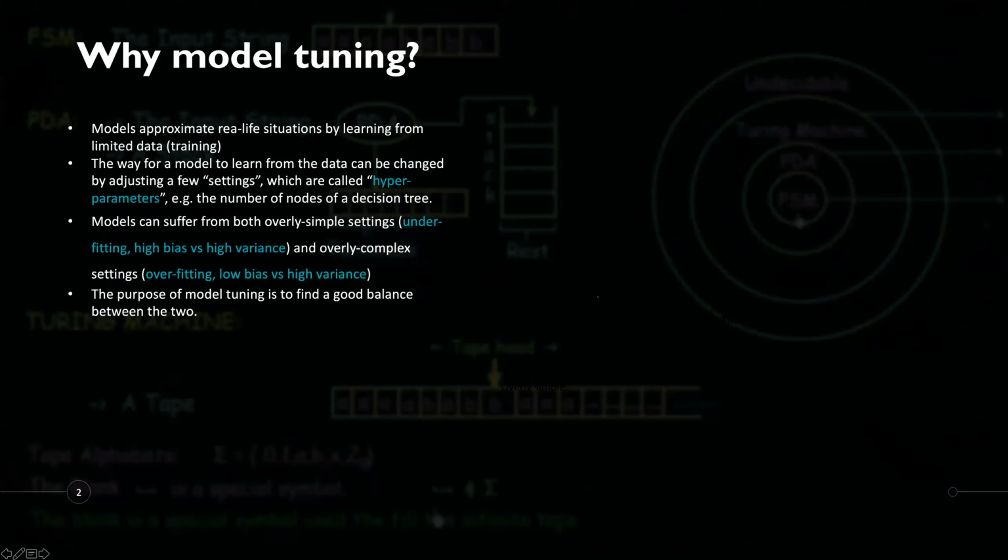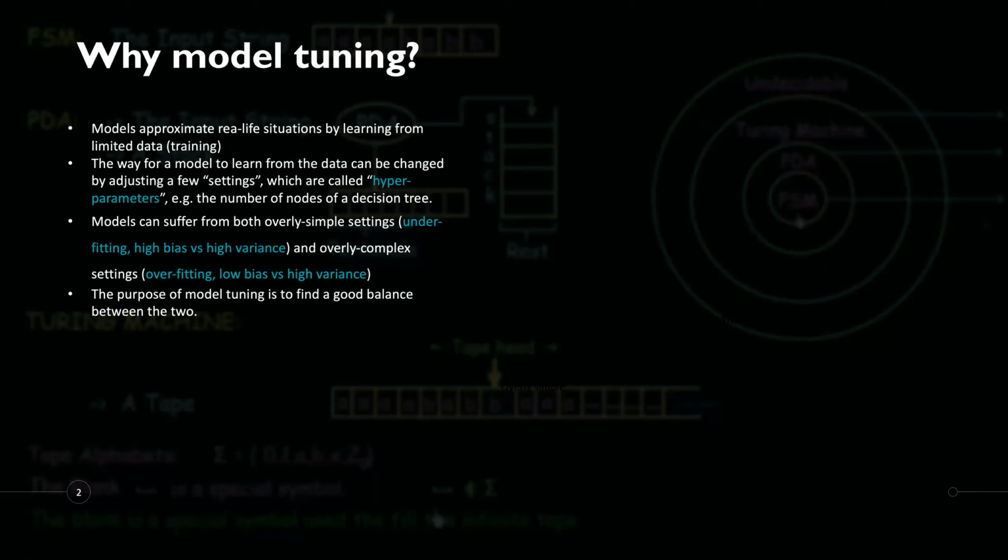Basically, machine learning models, particularly the supervised learning models, are trying to approximate real-life situations by learning from limited data, which is our training data. The way for a model to learn from the data can be changed by adjusting a few settings, so-called hyperparameters.